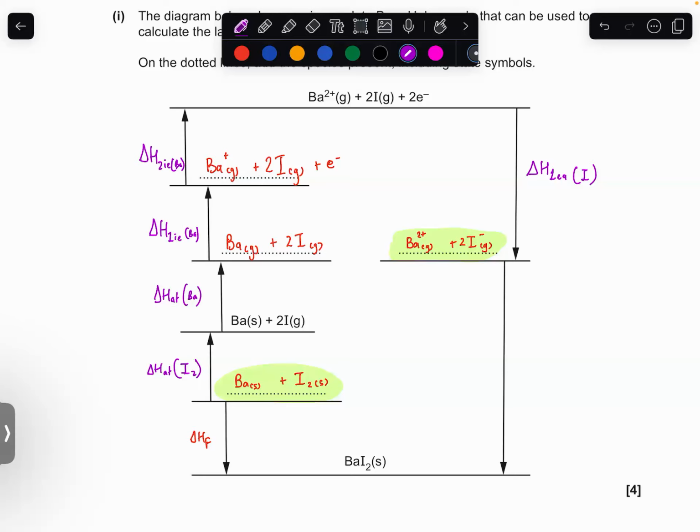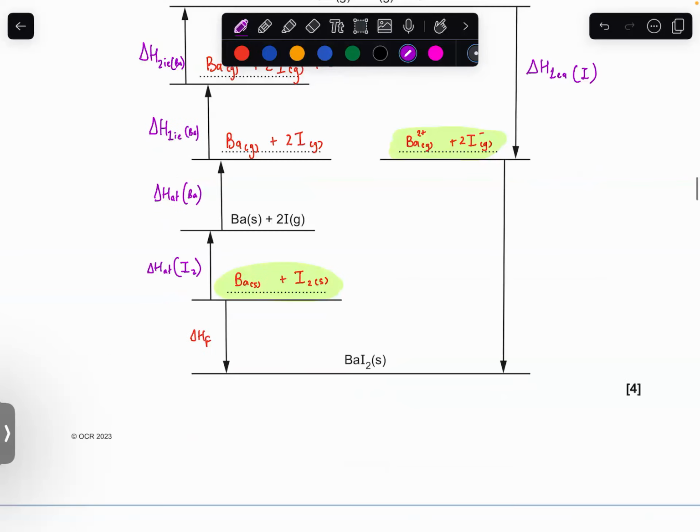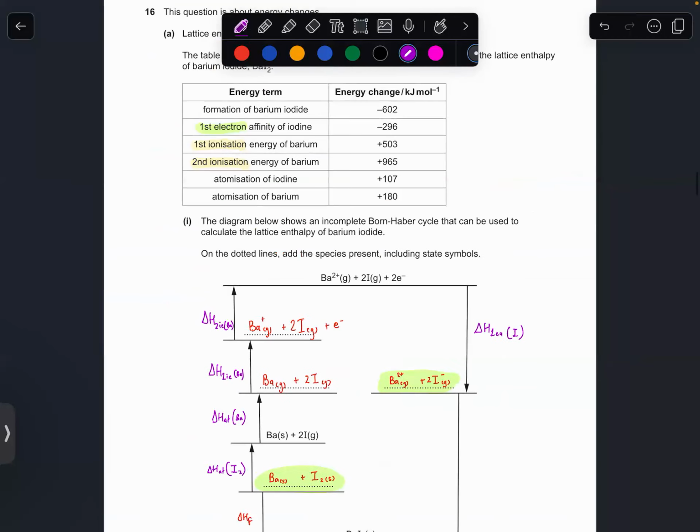Now the next question is asking us, calculate the lattice enthalpy of barium iodide. We're going to use the cycle and all these values. Now, all of these values are per mole, so wherever we're dealing with 2 moles, we need to multiply these values by 2.